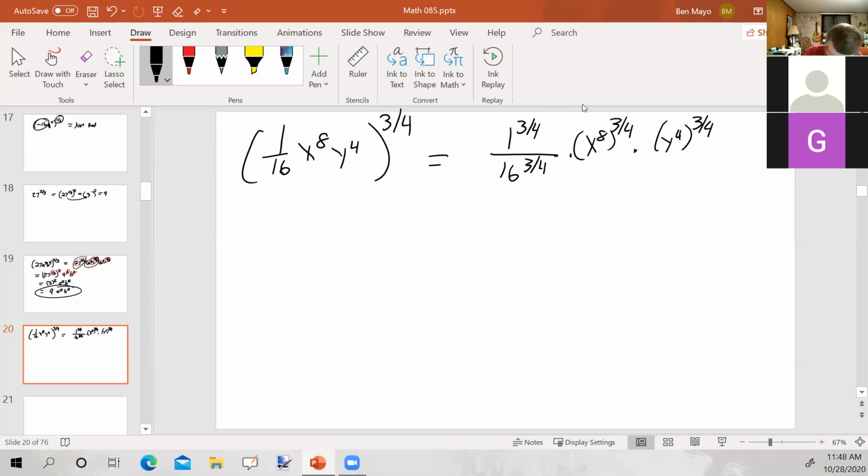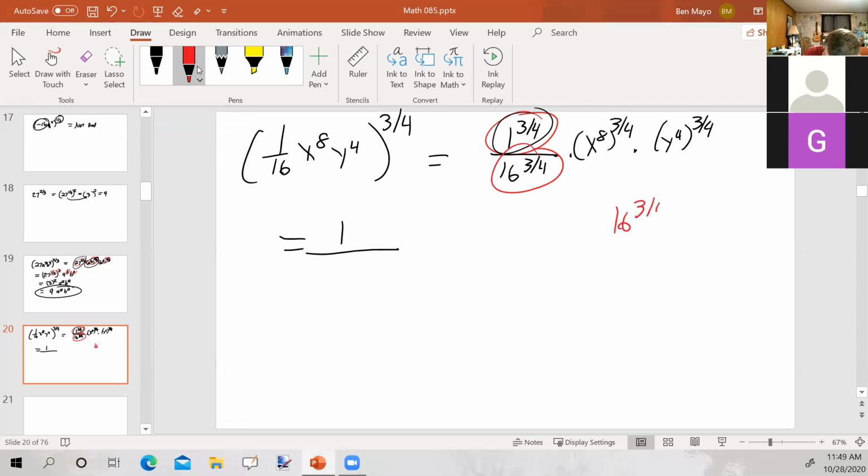Yes. All right, so let's take this one thing at a time. 1 to the 3/4 power. Well, what's the 4th root of 1? It's just 1. Yeah, what's 1 cubed? 1. So this is going to be 1. Okay, let's take a look at 16 to the 3/4 power.